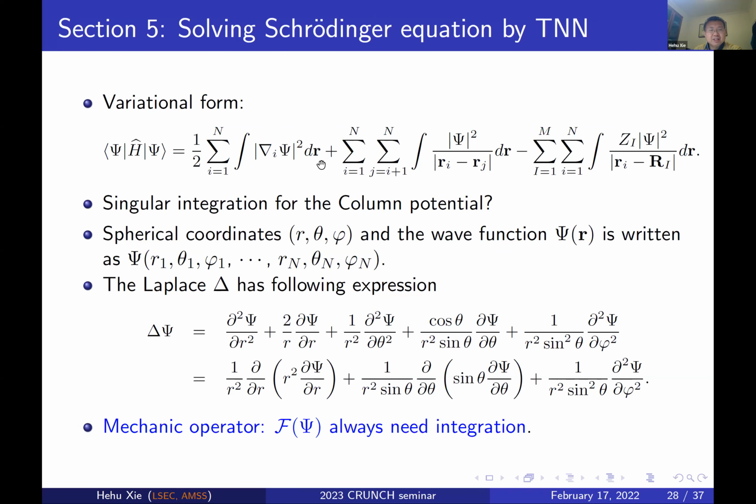Okay, I will just introduce some considerations about the numerical method for the Schrödinger equation. It's almost the same as the model eigenvalue problems. The only difference seems to be that in this case the differential operator is more complicated, and it also includes the singular integration.